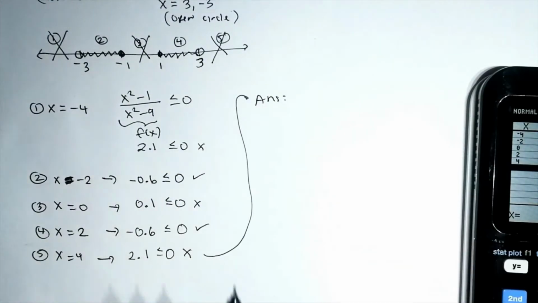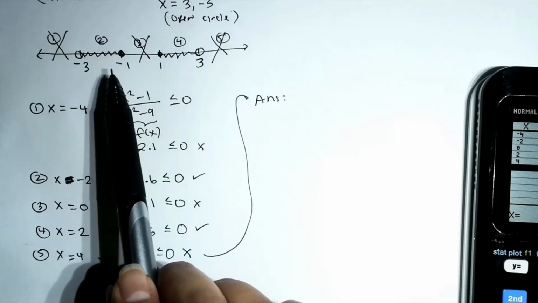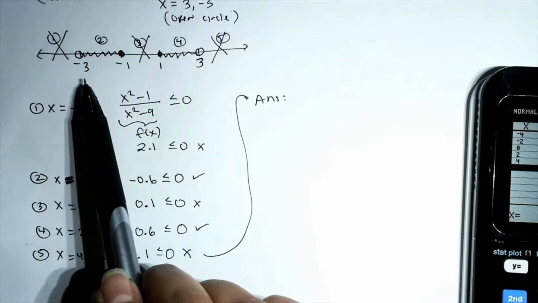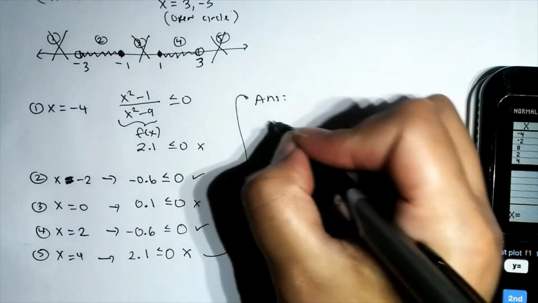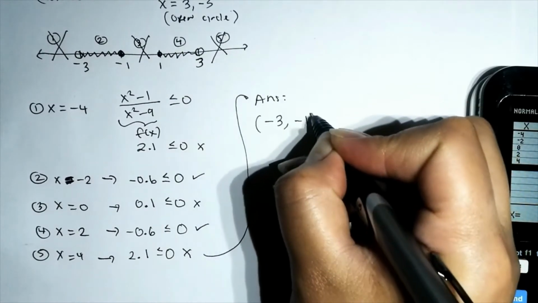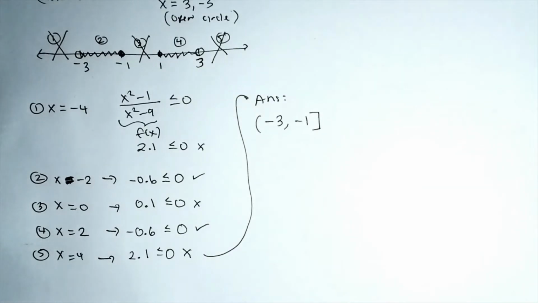The solutions, if you graphed it, are going to be the union of these 2 intervals. First, the interval from negative 3 to negative 1, where negative 3 is excluded and negative 1 is included. Remember, bracket if you're in, parentheses if you're out.